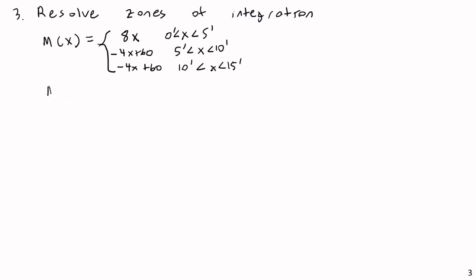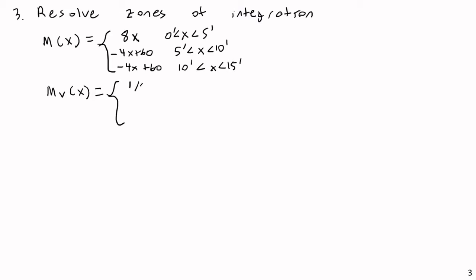Then mv as a function of x, I mean the moment from the virtual loading. Here it's the first zone that I'm going to have to break up. Originally I had one zone from 0 to 10 and another from 10 to 15, and I'm going to have to break that first 10-foot zone up into 2 5-foot zones.